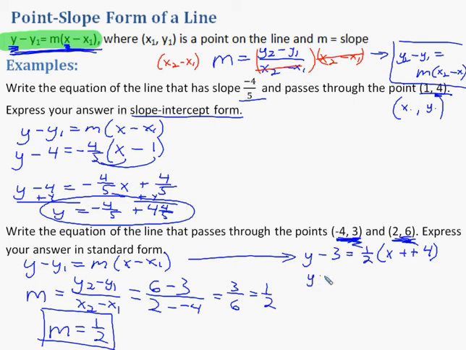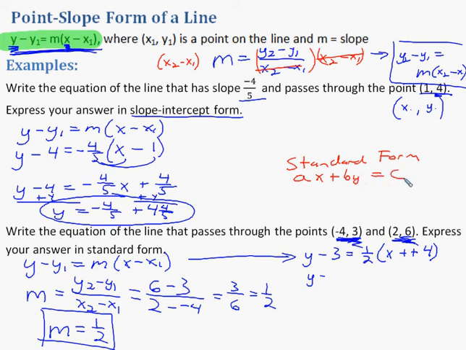So we'll work with this. It says show your answer in standard form, which I didn't explain before, so let's write that in here. Standard form is really just having your variables on one side and the constant on the other.